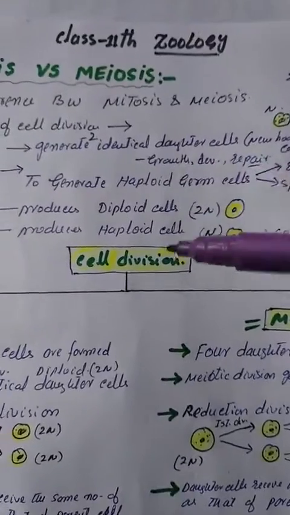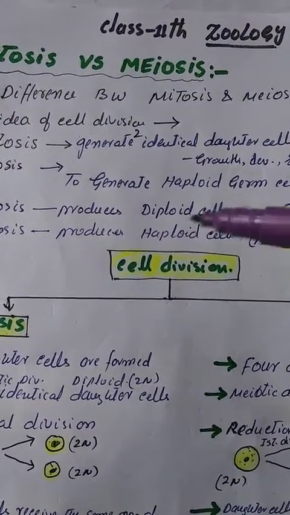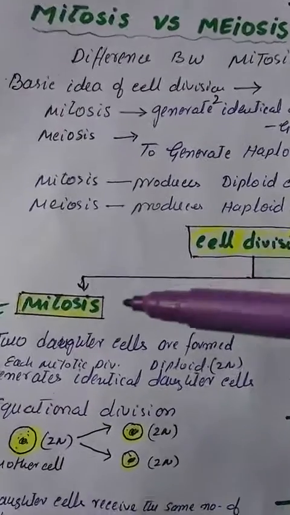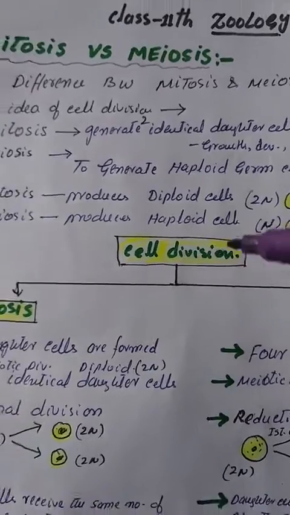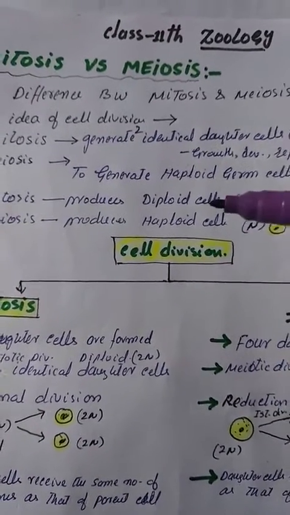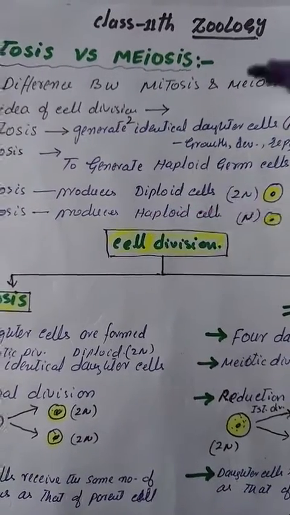Cell division is therefore broadly of two types, mitosis and meiosis. From the perspective of living organisms, both types of cell division are extremely important.